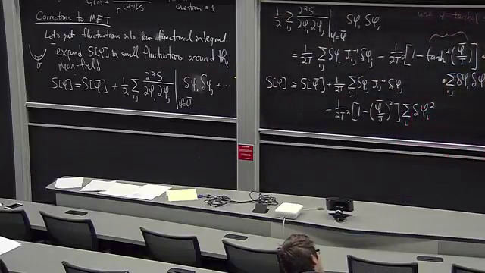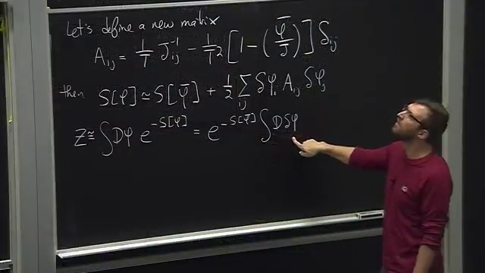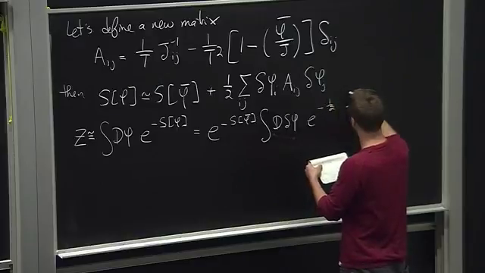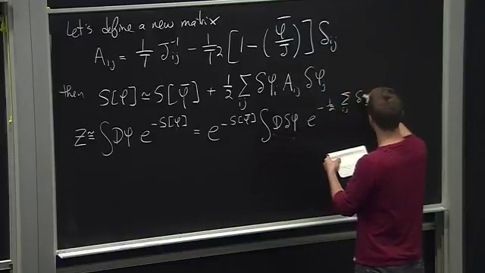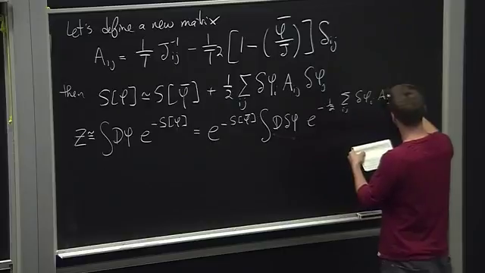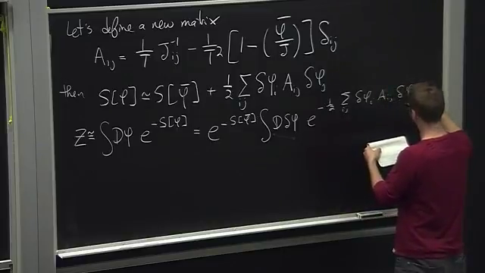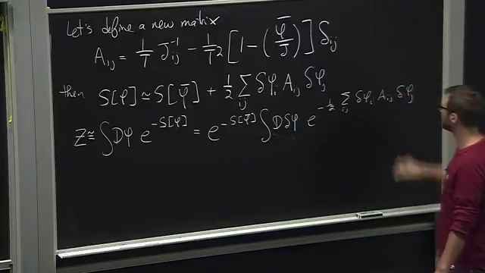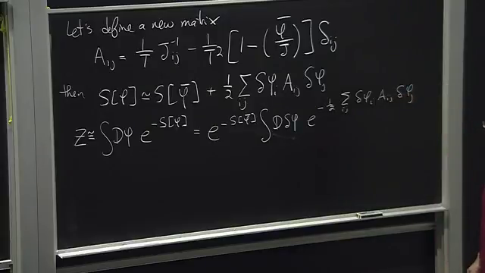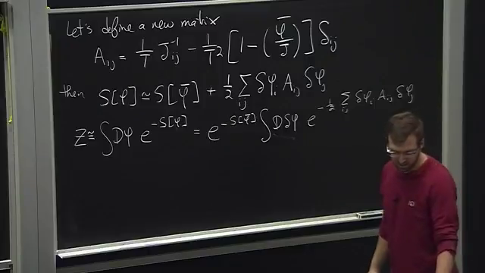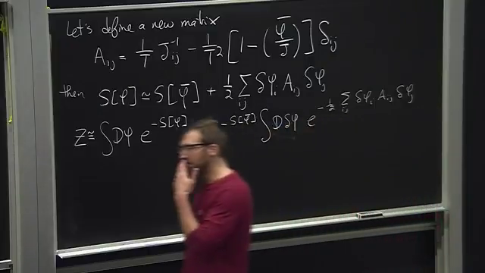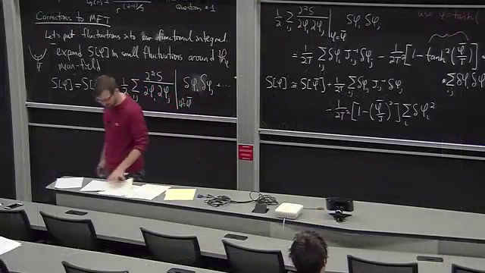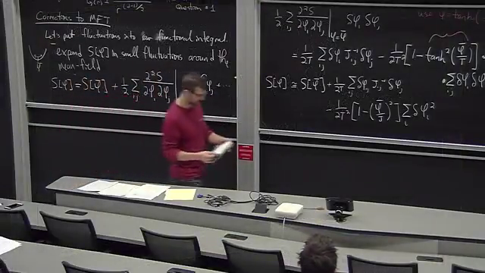So I can write the functional integral like this, and then just that nice Gaussian piece, J, Ij. So when you see this, just remember the Hubbard-Stratonovich transformation.